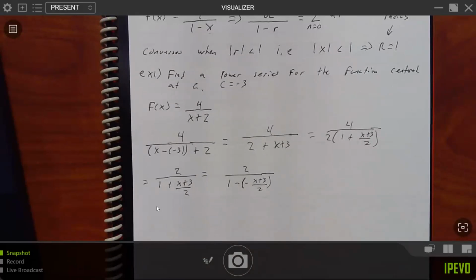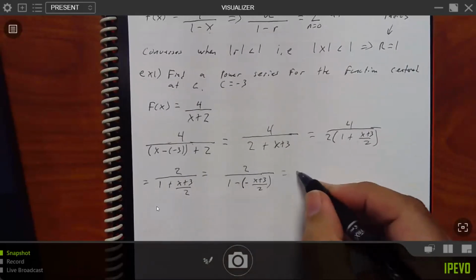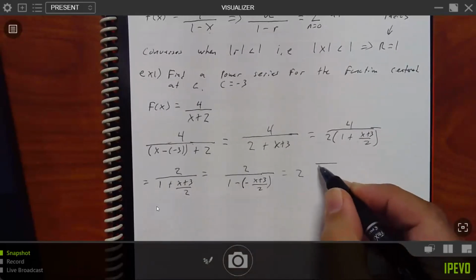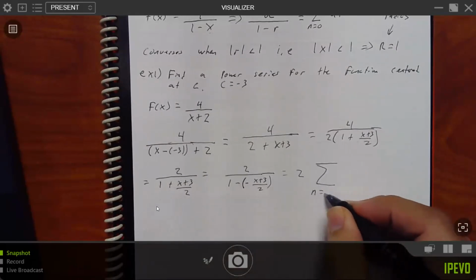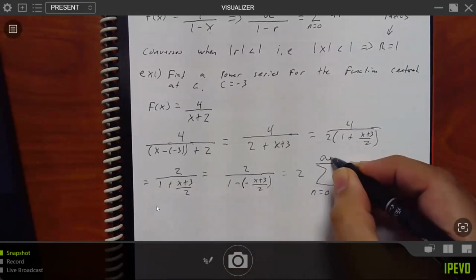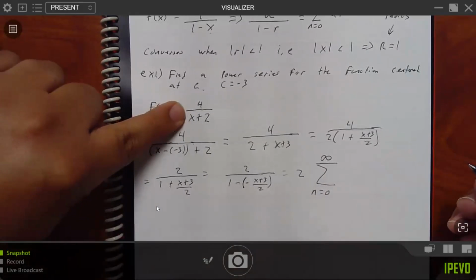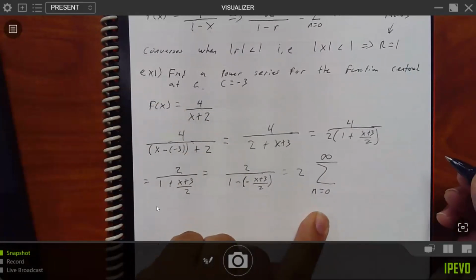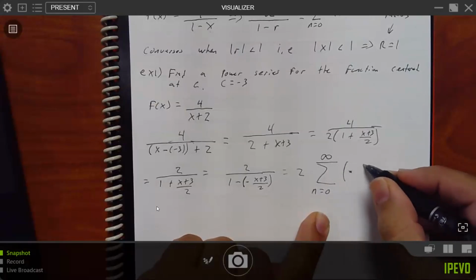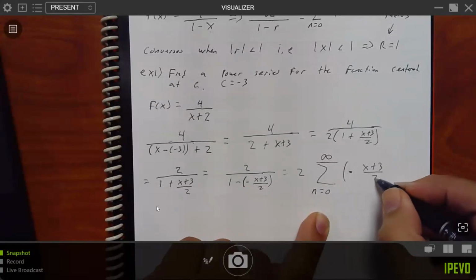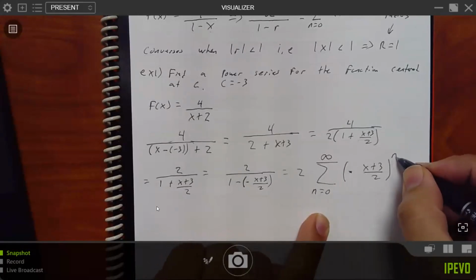So now we can jump to the sum. This 2 is whatever, I'm just going to leave it out here for now. So it's going to be from n equals 0 to infinity. I'm rewriting this function as a series, geometric type. So it's going to be negative x plus 3 over 2 to the n.